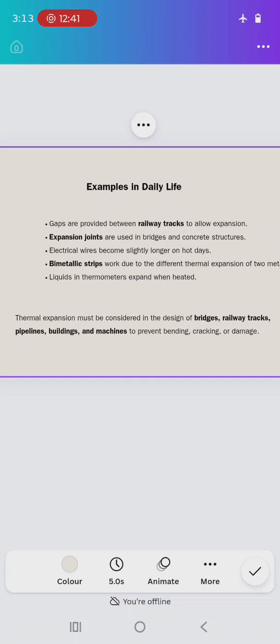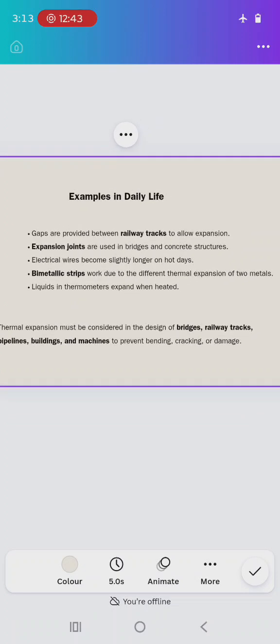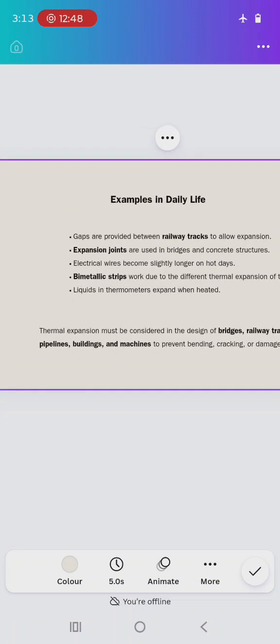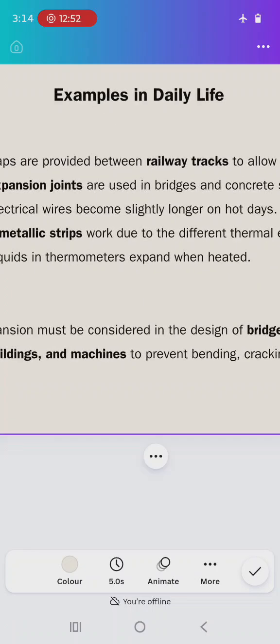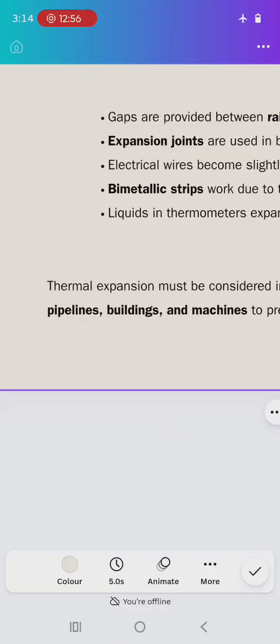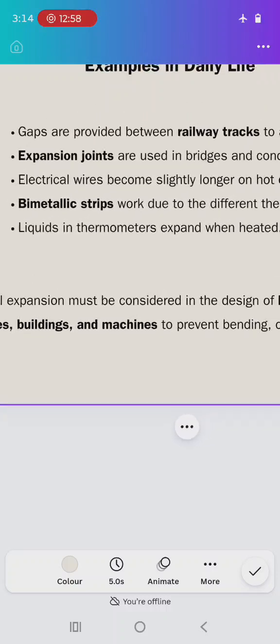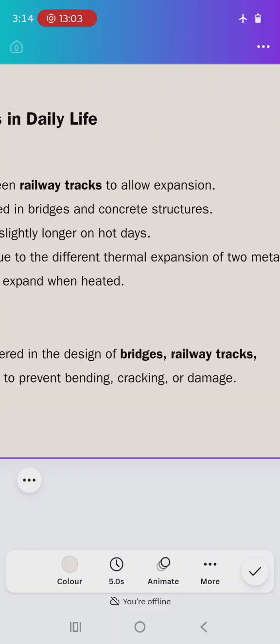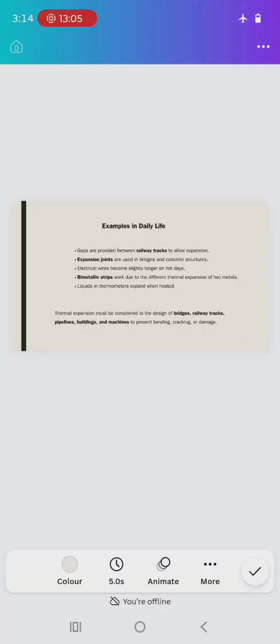Liquids in thermometers expand when heated. Thermal expansion must be considered in the design of bridges, railway tracks, pipelines, buildings and machines to prevent bending, cracking or damage.